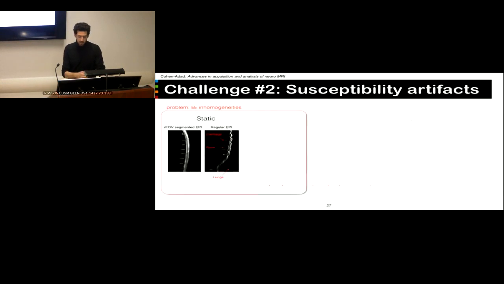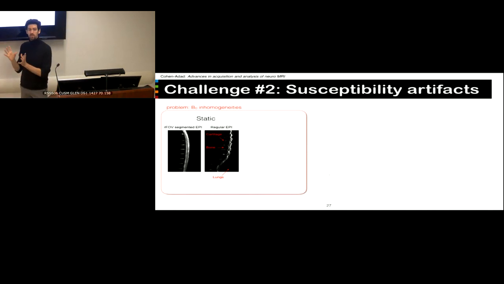But this really brings up this issue of susceptibility artifacts, and it's due to errors that accumulate, especially when we do EPI, echoplanar imaging, which is a fast way of getting images, and it's very popular for diffusion and for fMRI.